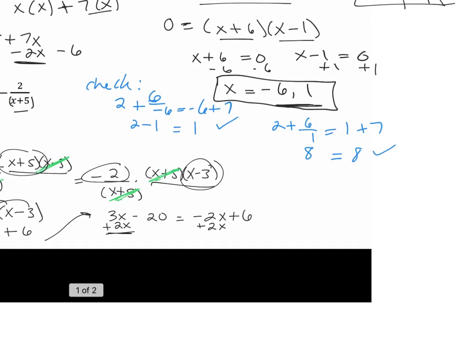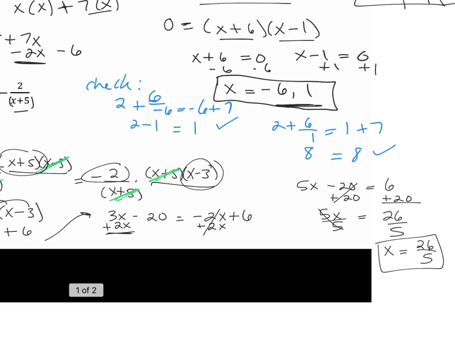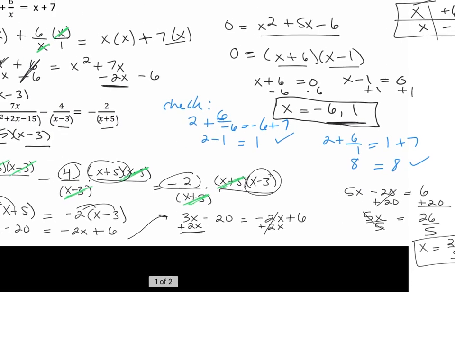So that's going to be 5x's altogether on the left and just 6 on the right. And then I want my number terms to be on the other side, so I'm going to opposite that term there. So I have just 5x on the left and 26 on the right. And then the multiplication property, I'm just going to divide 5 from both sides to get x by itself. So I think that x should be 26/5.